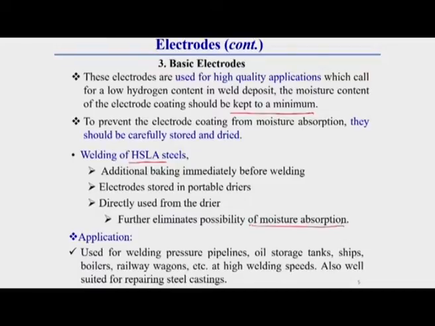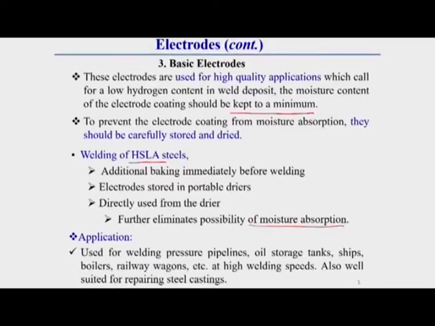That means the moisture content will be eliminated more or less fully. So this baking operation is used immediately before welding in case of HSLA to remove moisture content and remove the possibility of hydrogen embrittlement.